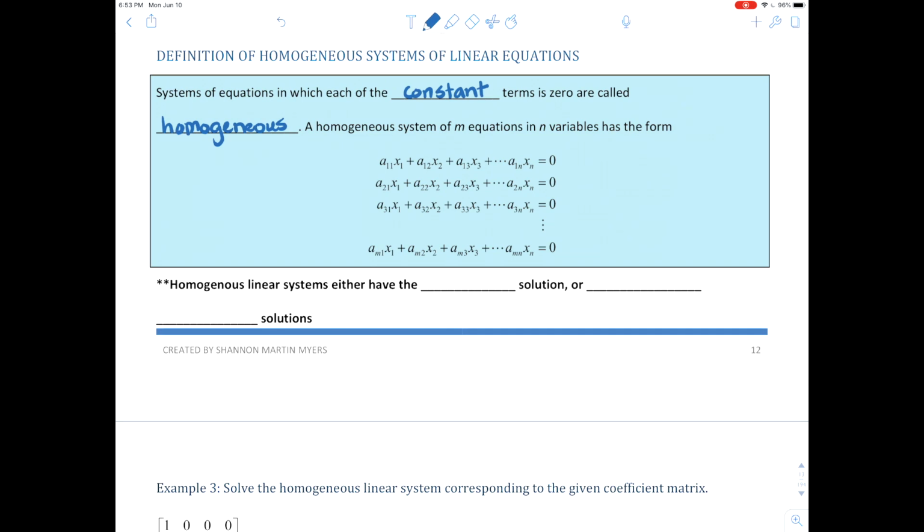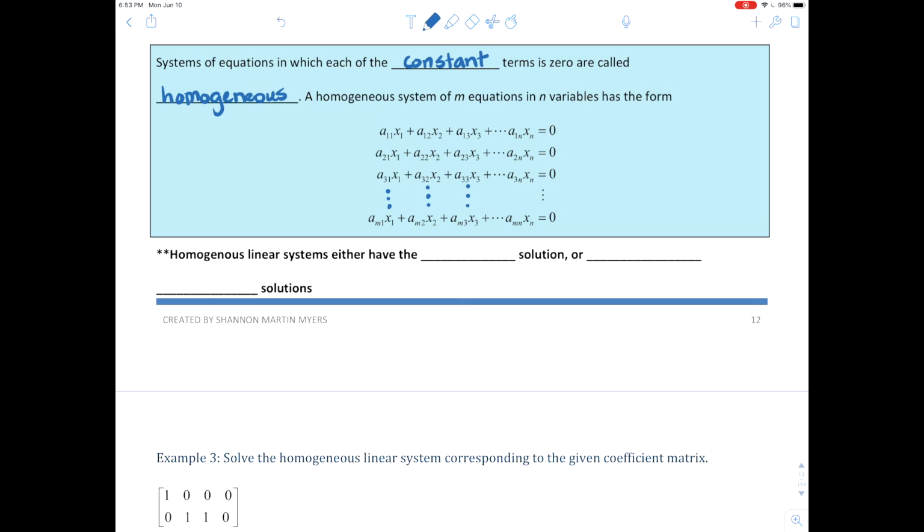So sorry, I forgot to do some of the dots, but you basically have this format here, and go down like this too. So basically it's the same as we defined a system of equations, except instead of B1, B2, B3 that they're equal to, you have all zeros.